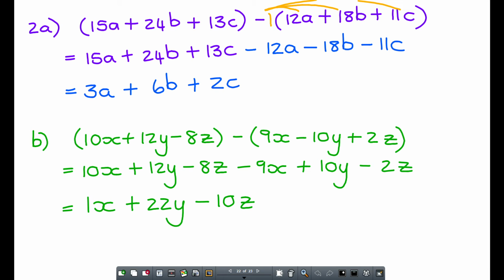Right, there's number 2. Now we are multiplying in negatives. So because that's a negative, remember that all of these signs are then eventually going to change, because minus 1 times 12a is going to give me minus 12a. Then minus 1 times 18b is going to give me minus 18b.